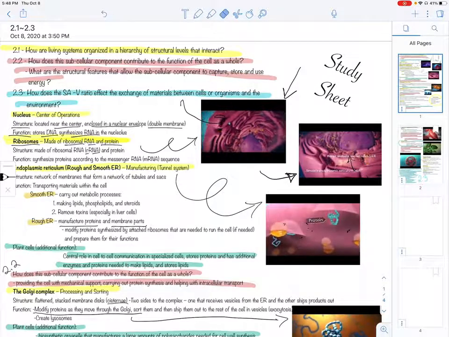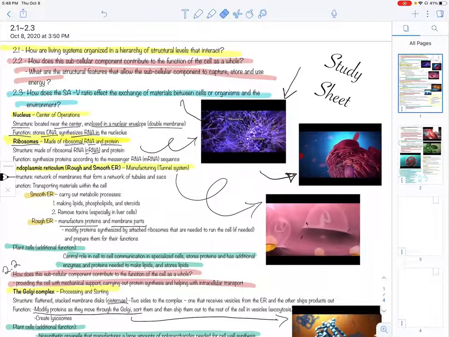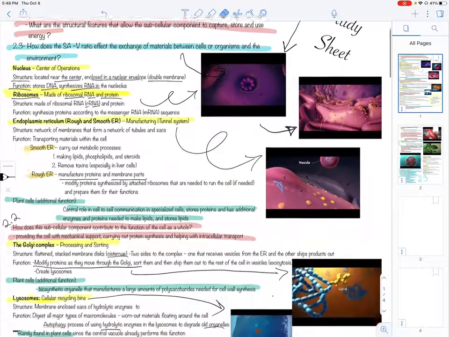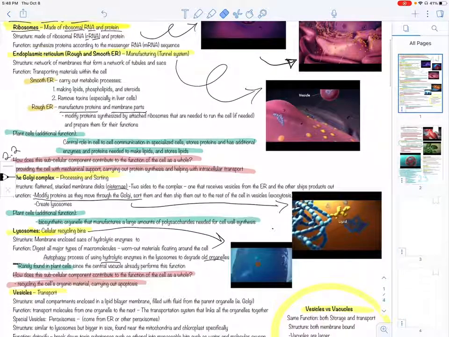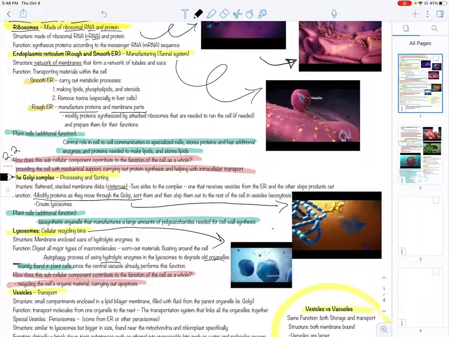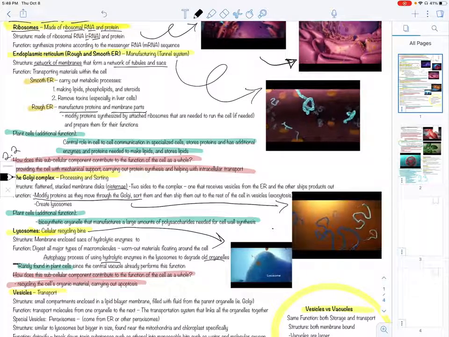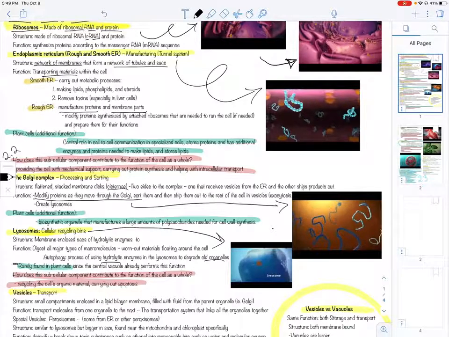Okay, so our rough ER, this is our manufacturing tunnel system. Okay, so the structure on this rough ER is we have our network of membranes. It's forming a network of tubules and sacs. Okay, and our function is to transport material within the cell.